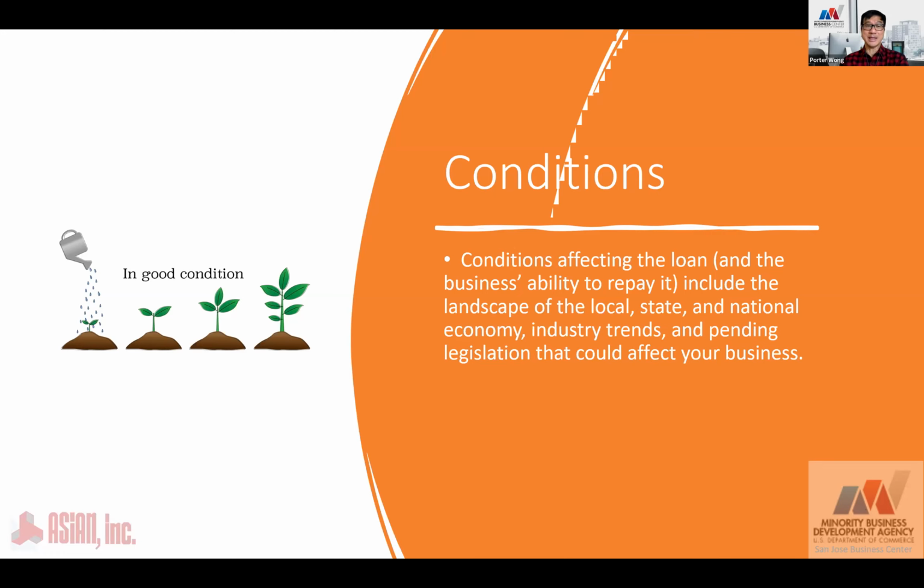Then if you are in the oil and gas industry right now, you probably have an easier time getting a loan than other businesses. Or maybe it's something trending, then there's a lot of capital flowing into that area, so it might also be easier for you to raise the capital that you need. So this is condition.